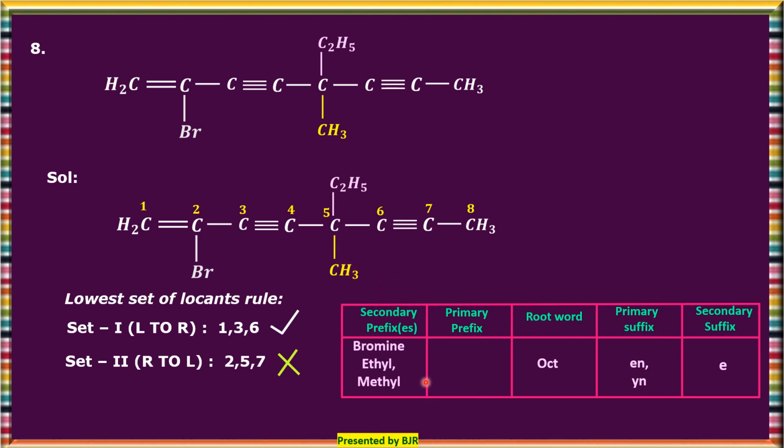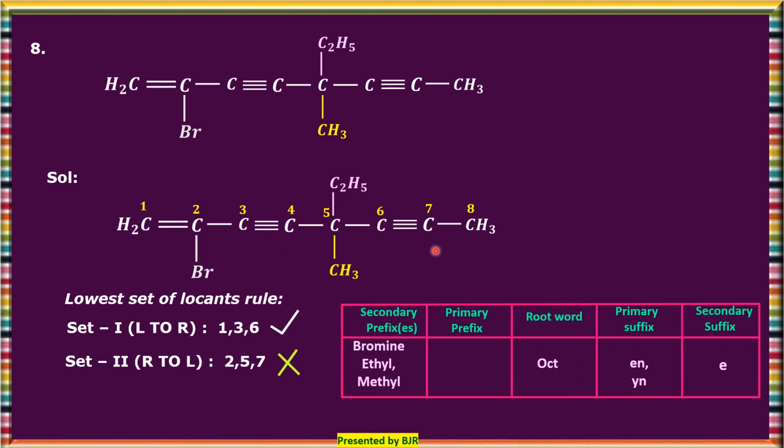So these are the secondary prefixes, and we have to write these prefixes or otherwise substituents according to their alphabetical order. So 2 bromo, 5 ethyl, 5 methyl octa. A should be added to the root word.